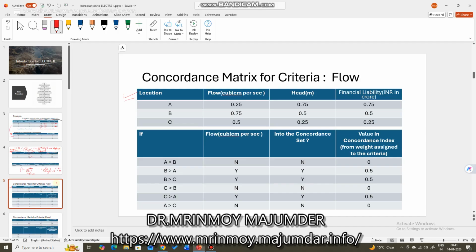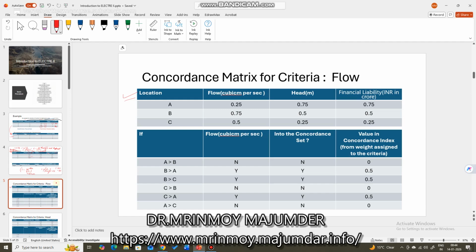You know, concordance means if we compare two alternatives with each other and one alternative outranks the other, it becomes a candidate of the concordance matrix. Concordance means concord with the objective of the decision. Outranking means that alternative A has outranked alternative B with respect to the criterion of flow, based on the objective of the decision.